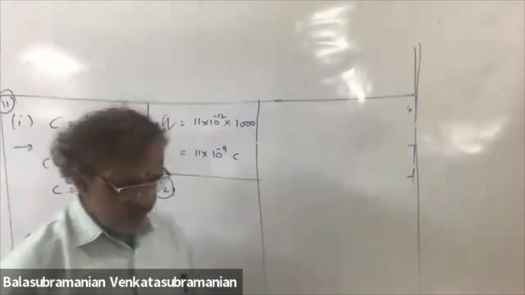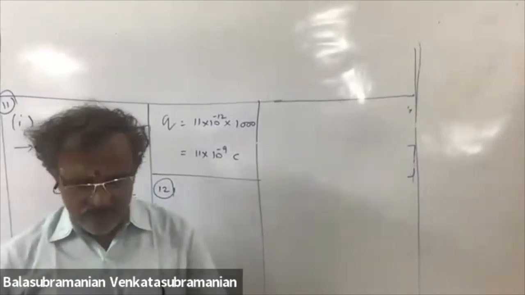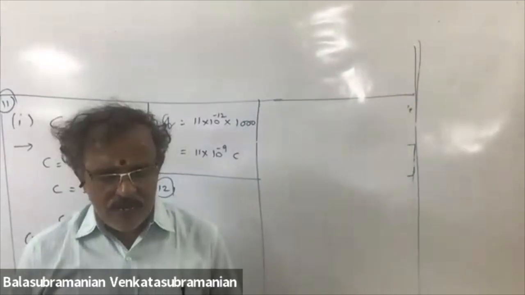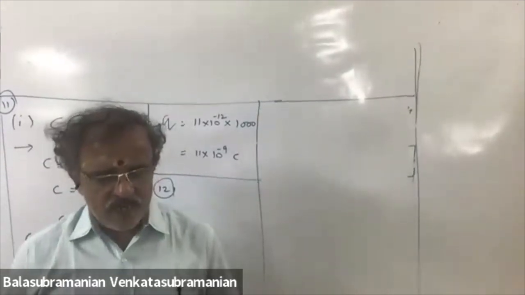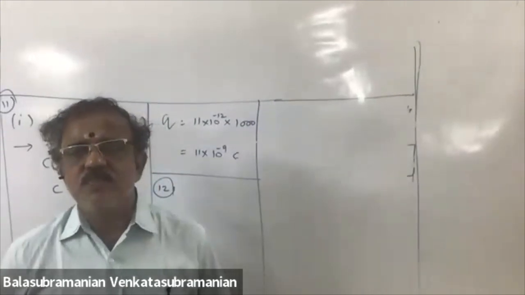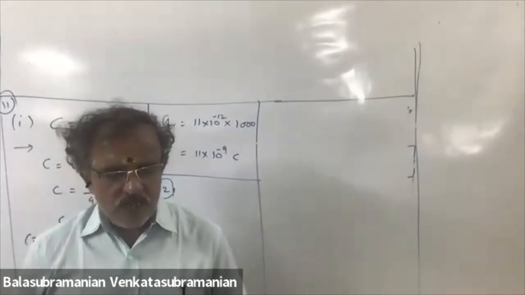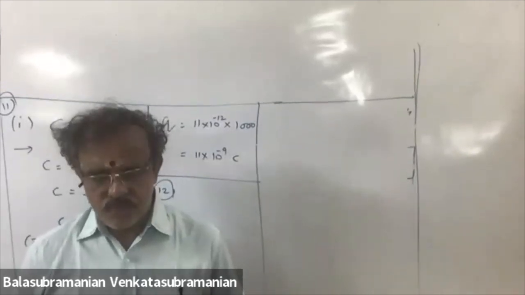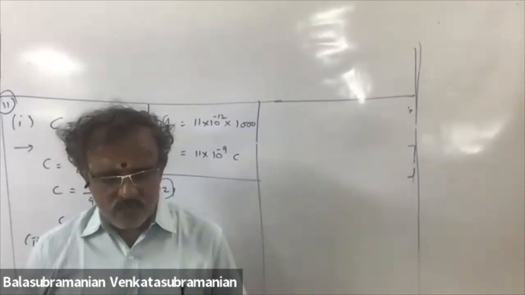12th one. When 1 into 10 power 12 electrons are transferred from one conductor to another of a capacitor, a potential difference of 10 volts develops between the two. Calculate the capacitance of the conductor.